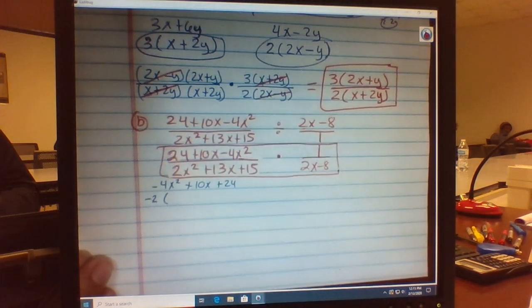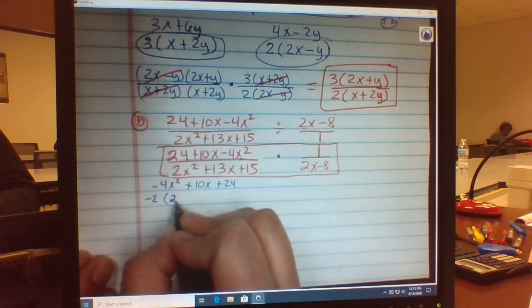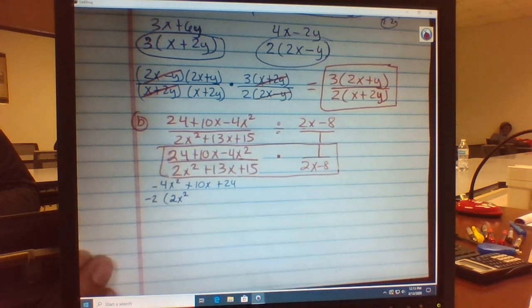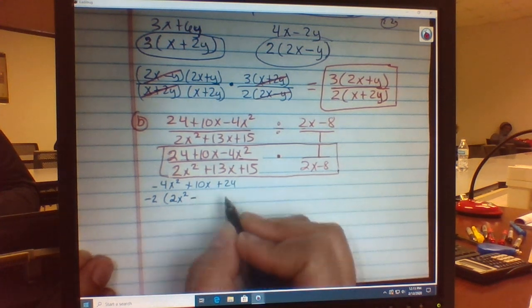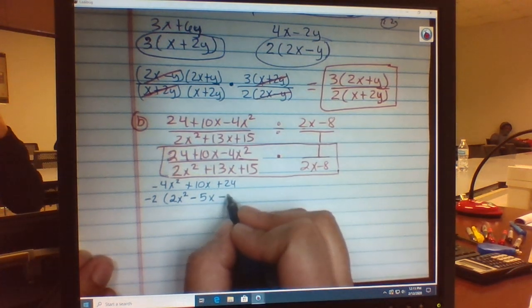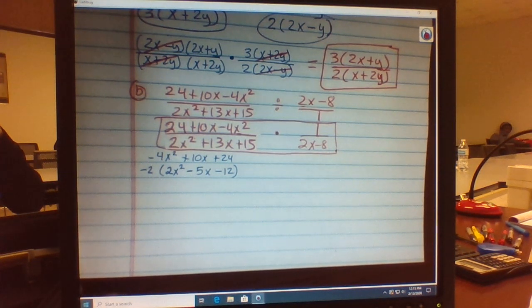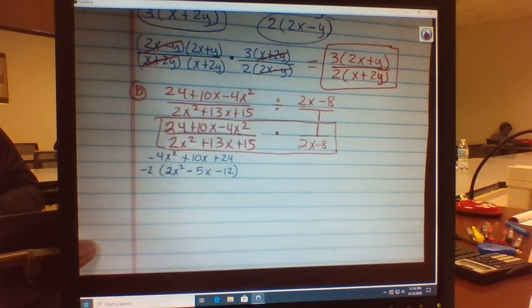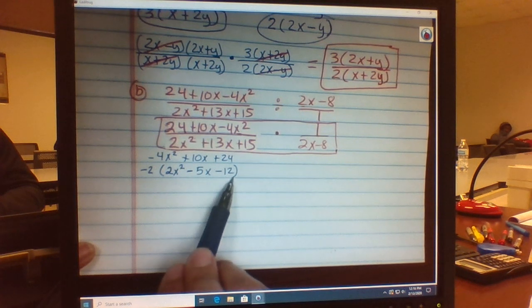If I factor out a negative 2, this becomes 2x squared minus 5x minus 12. Where'd you get the 12? The 24 divided by negative 2? Negative 12.